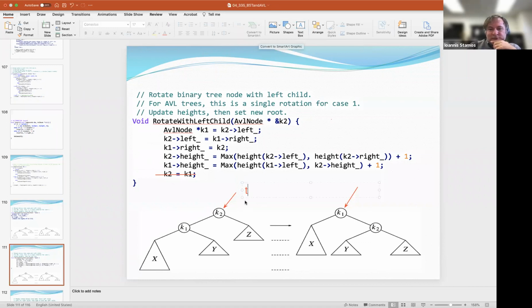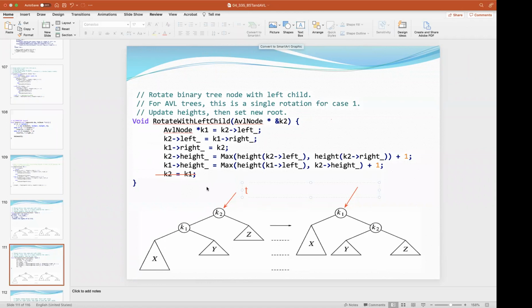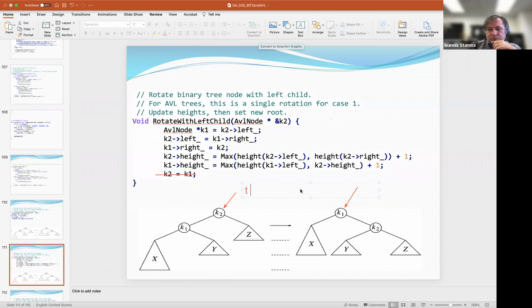K2 is the left of T. So by saying K2 equals K1, what are you doing? The left of T is K1. Because K2 is passed by reference, you're changing K2, which was the left of T, and the left of T becomes K1. So it is very important to have that K2 is assigned to K1.